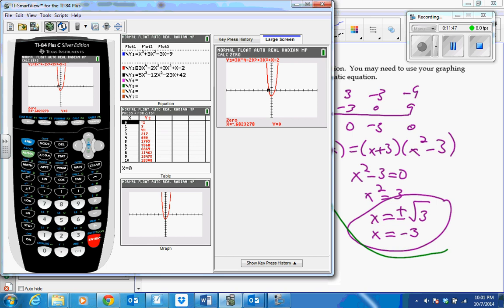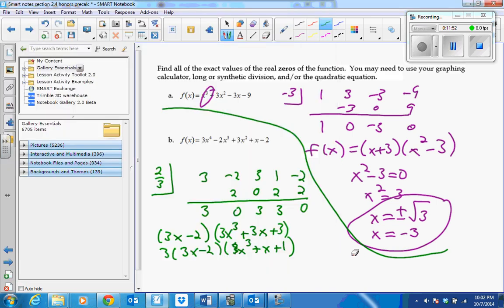So that other 0 is 0.602327, so we're just going to say it's 0.60. So our two roots for this problem are, oh, that's negative. Negative 0.60 and 2/3.